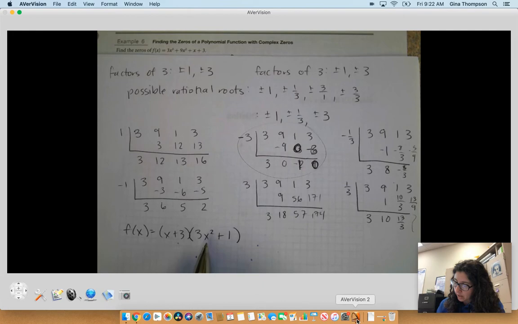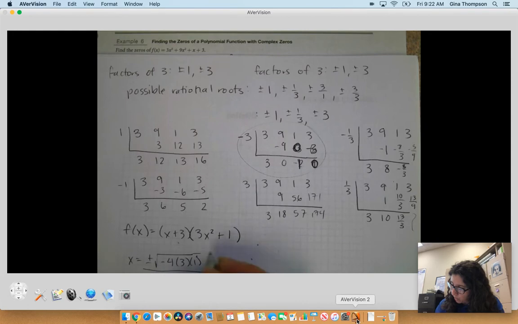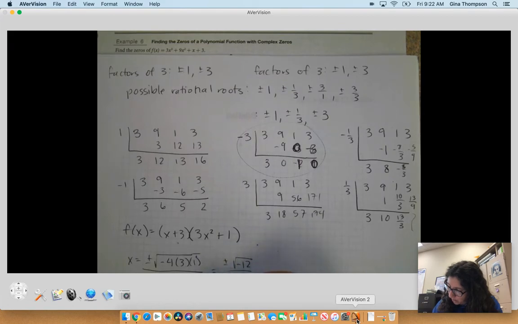All right, let's do it. x is going to be minus b. What is b? 0. Plus or minus the square root of b squared, 0 squared, minus 4 times a times c, all over 2a. All right, so it's going to be plus or minus the square root of negative 12 all over 6.